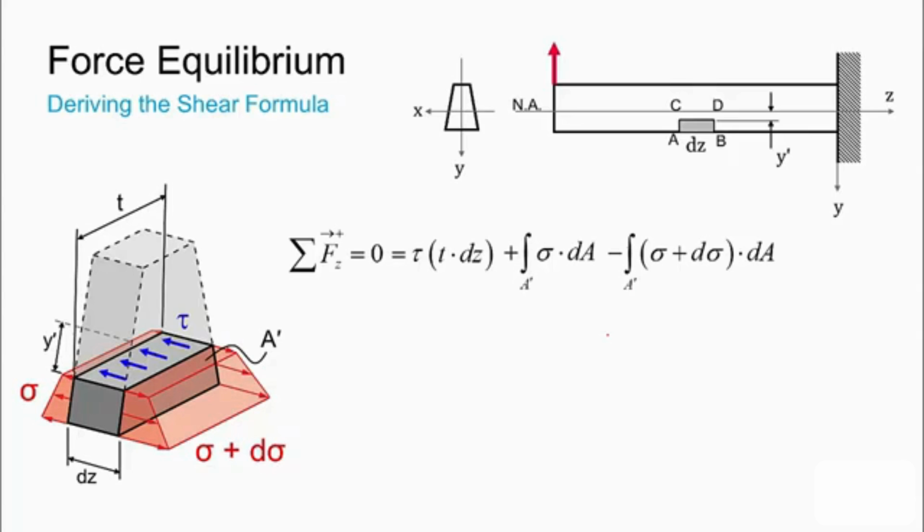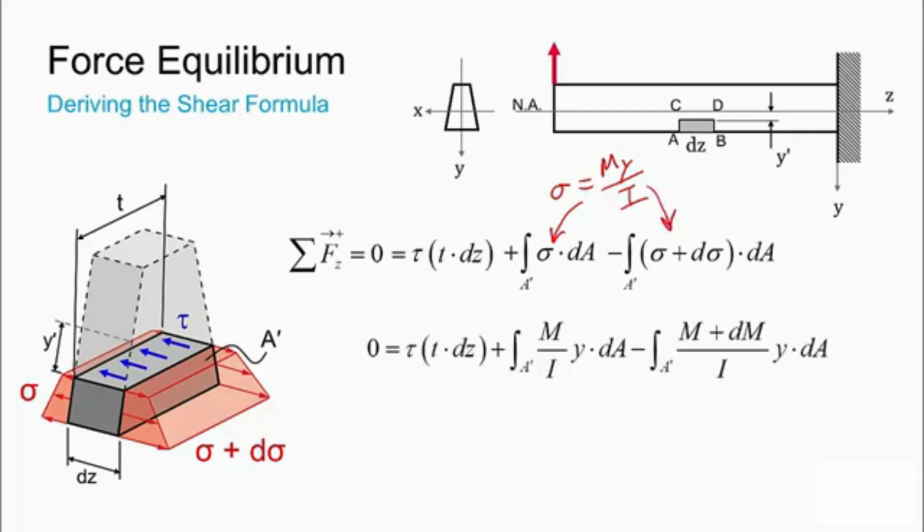What we can then do is recall the flexure formula that sigma is equal to My over I, and we can substitute this into our equation. And we get the following. What we can also see here is if we expand out this term, we see the addition of the integral of My over I dA minus the integral of My over I dA, because you can separate out this dM.